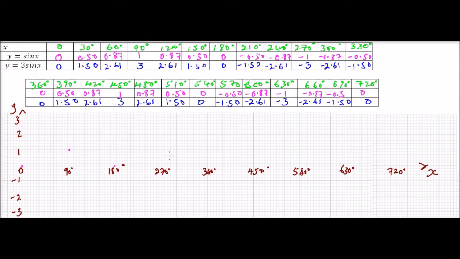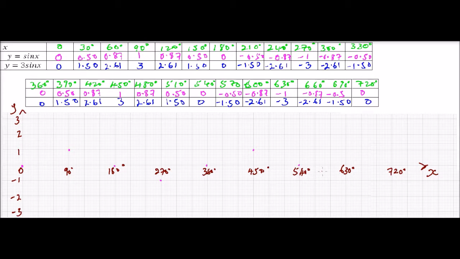Then I'll go to 270, which is minus 1. Then we have 360, it is 0. Then we have 450, it is 1. Then 540, we get 0.